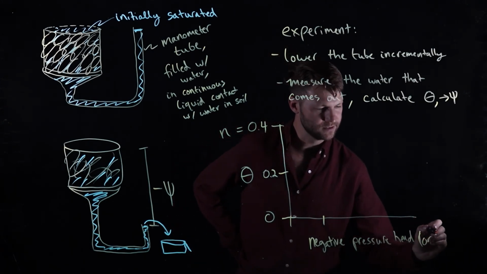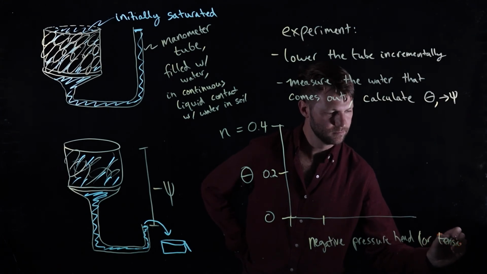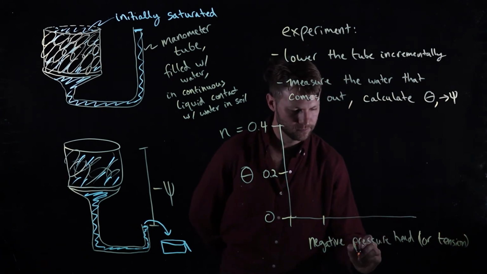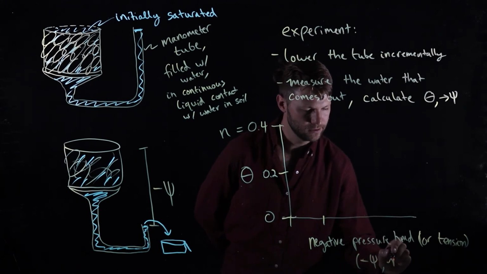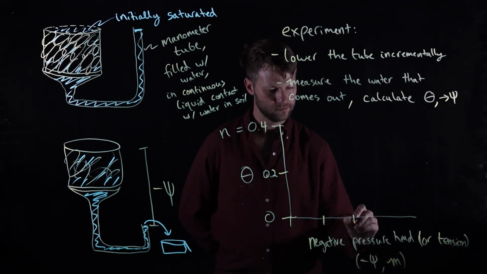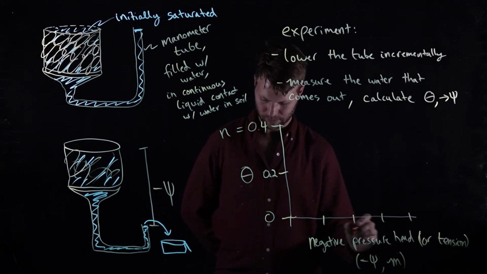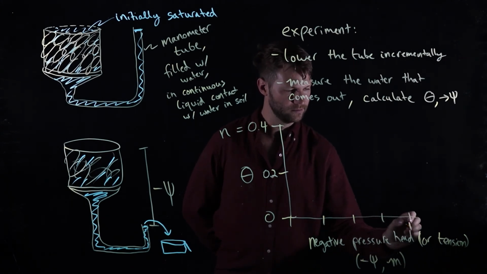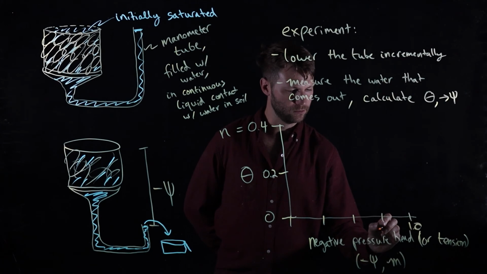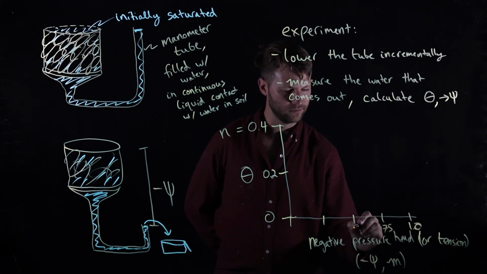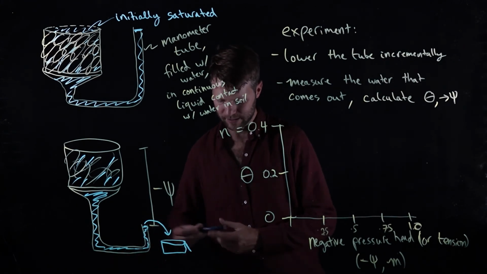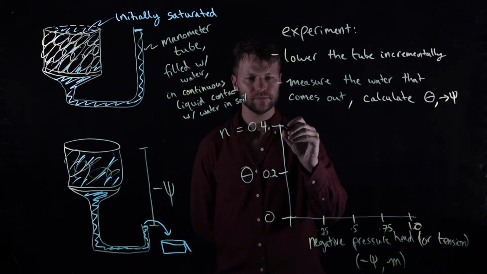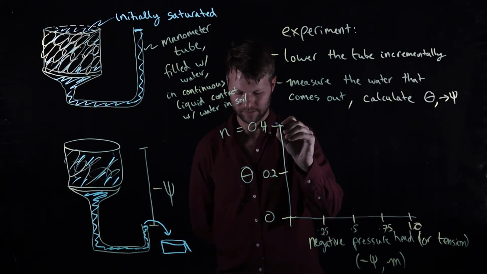Or you could also think of this as the tension of the sample. So it's negative psi, and the units are going to be in meters. And we'll go out here to 1.0, 0.75, 0.5, 0.25.